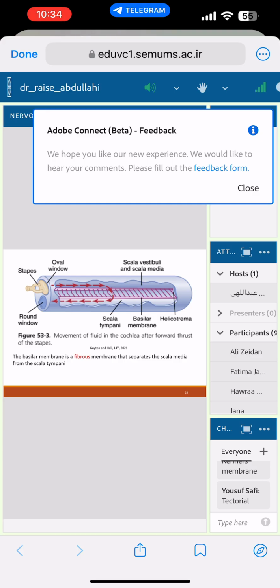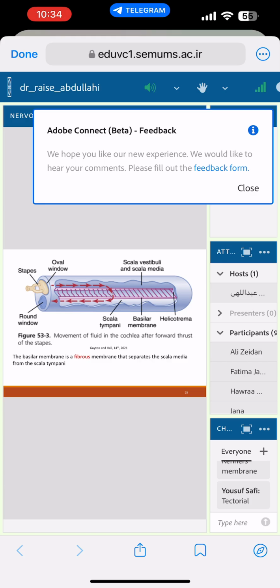So this is the basilar membrane, which is important. Reissner membrane's function is to keep the endolymph inside the scala media. But Reissner membrane is not important in terms of movement of fluid in the cochlea.